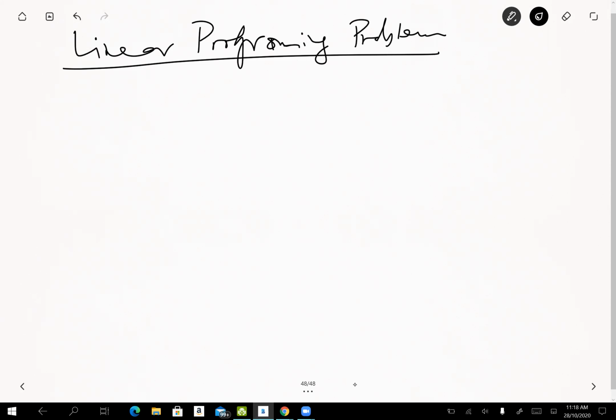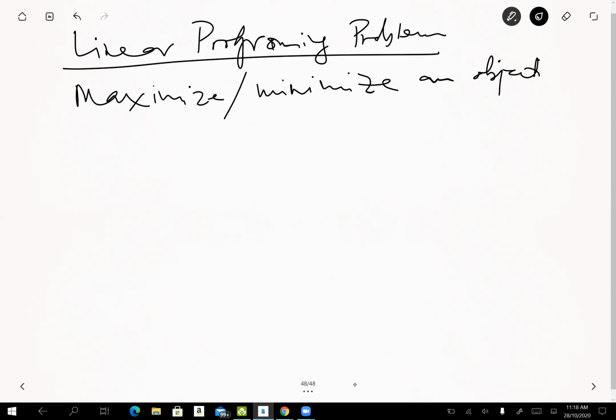So here, the problem is we want to maximize or minimize an objective, an objective function. Sometimes it's not a function, just an equation.